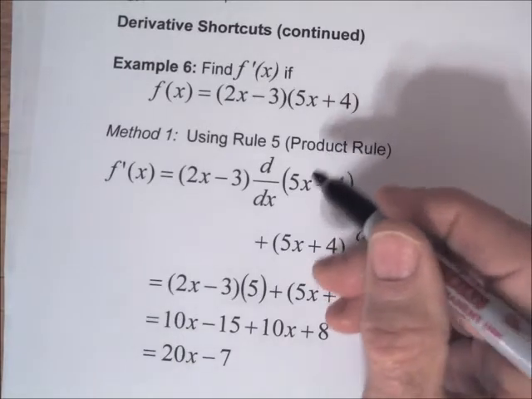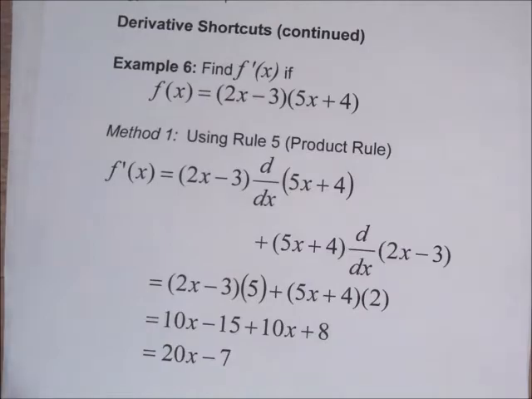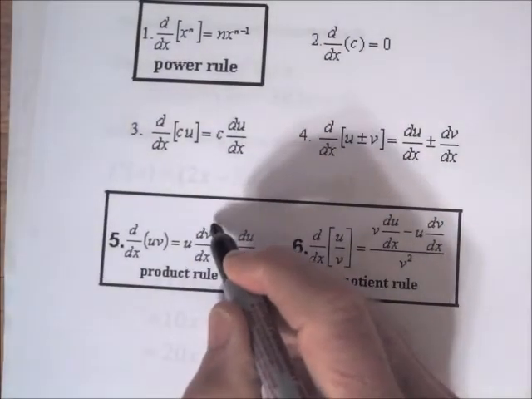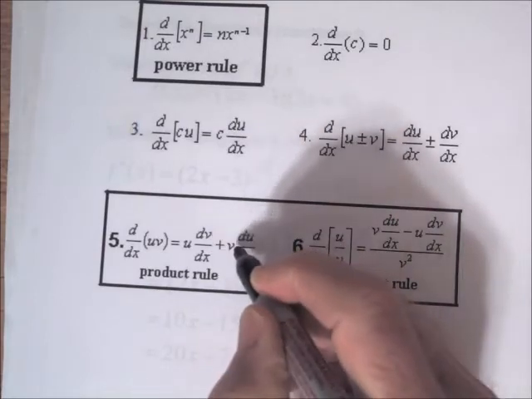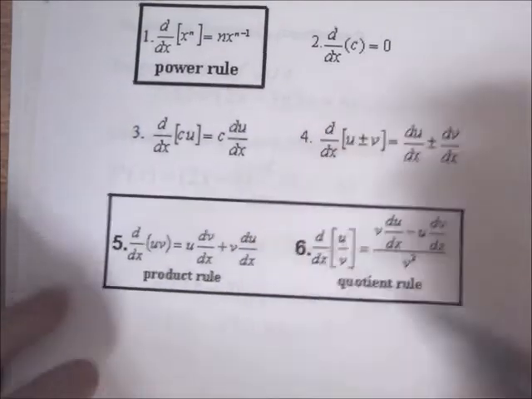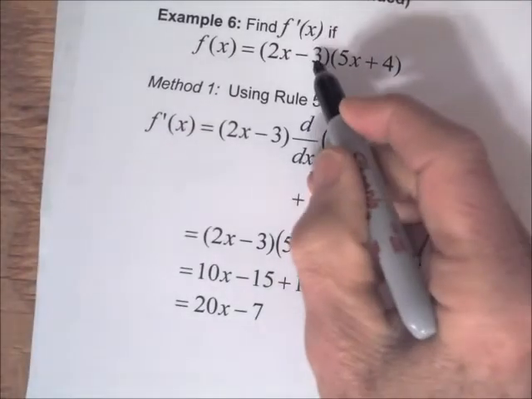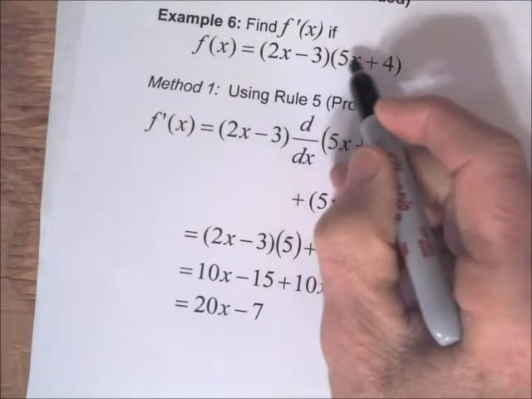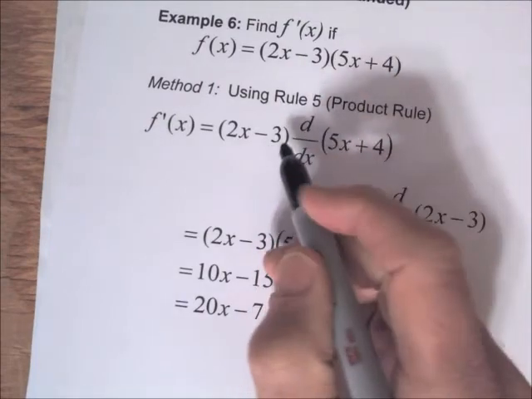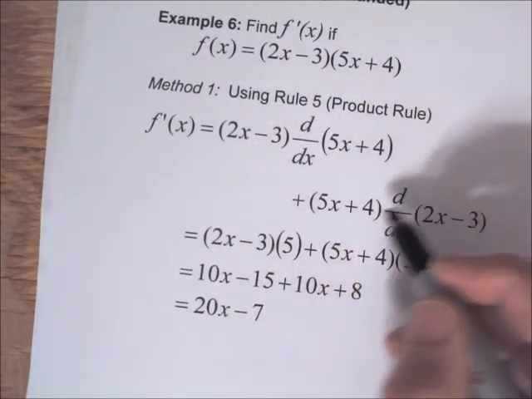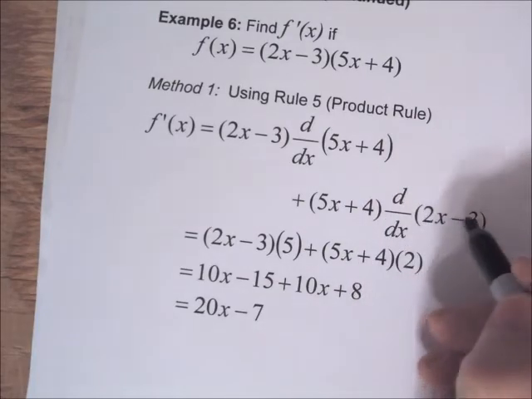If we use the product rule, the derivative of the product is the first factor times the derivative of the second factor plus the second factor times the derivative of the first factor. So we have the product, the quantity 2x minus 3 times the quantity 5x plus 4. So it's going to be 2x minus 3 times the derivative of 5x plus 4, plus 5x plus 4 times the derivative of 2x minus 3.